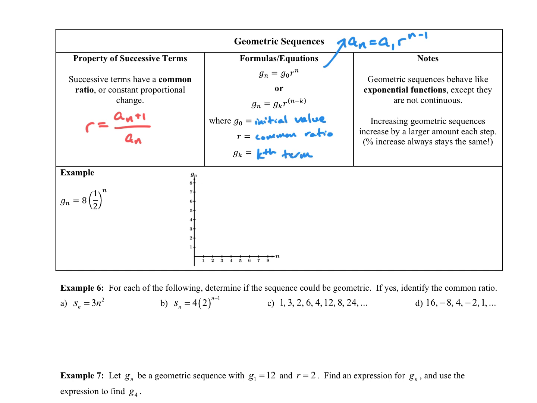And so before, arithmetic sequences modeled our linear function, geometric sequences model our exponential functions. What is an exponential function? So what makes an exponential function? The variable's in the... Very good, guys. Very good.